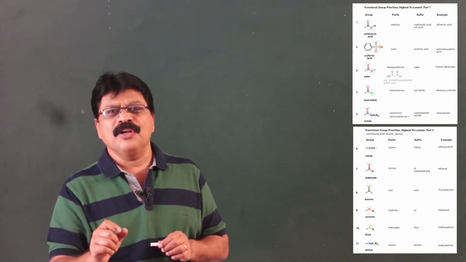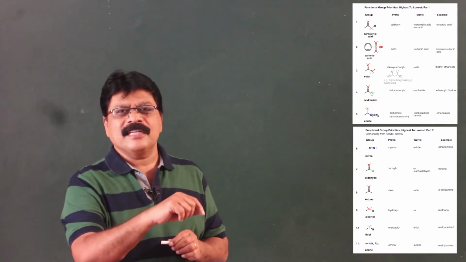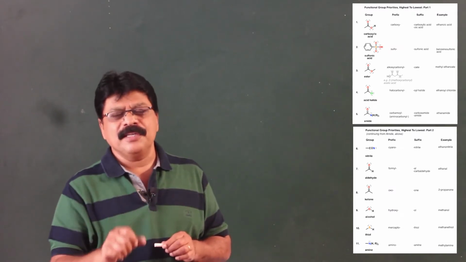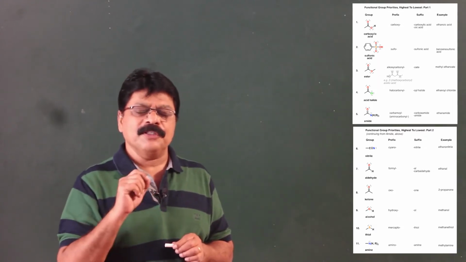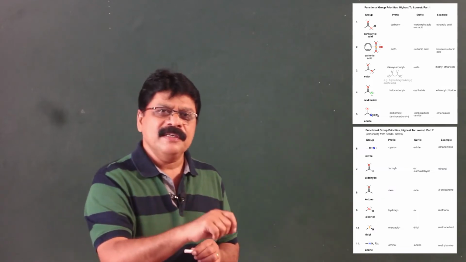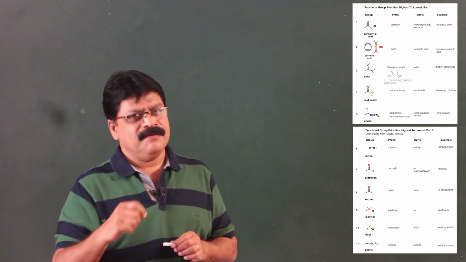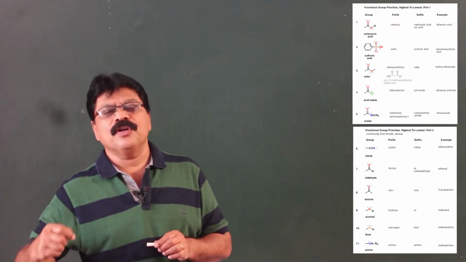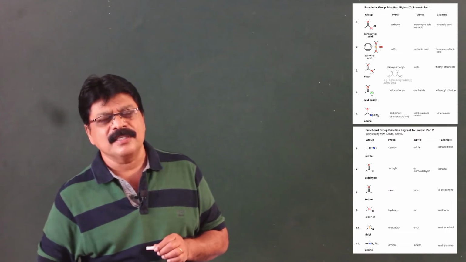Aldehyde, ketone both are carbonyl compounds, so they are identical. Therefore, aldehyde, because it starts with A, is given priority followed by ketones. Remember always that in IUPAC nomenclature, when two identical things come, preference is given to the alphabetic order. So, aldehyde comes first followed by ketone, then you have got one oxygen alcohol, then a functional group that does not contain any oxygen, amines.